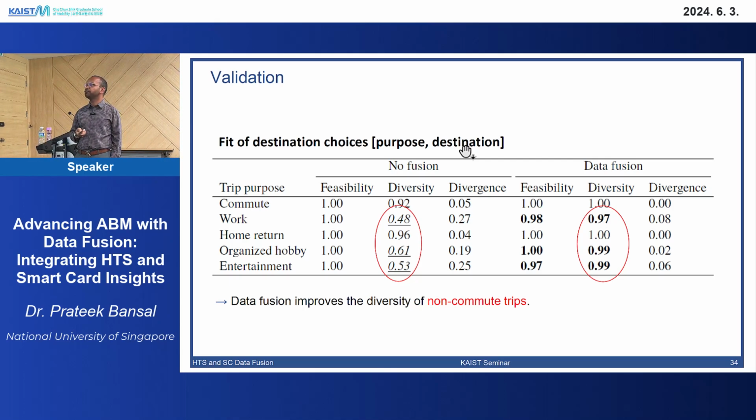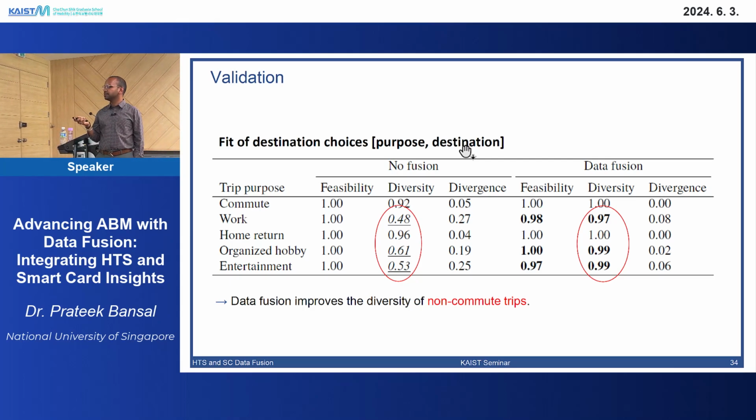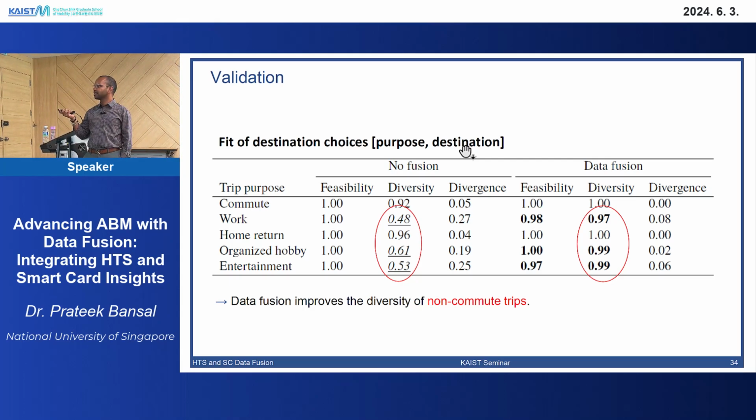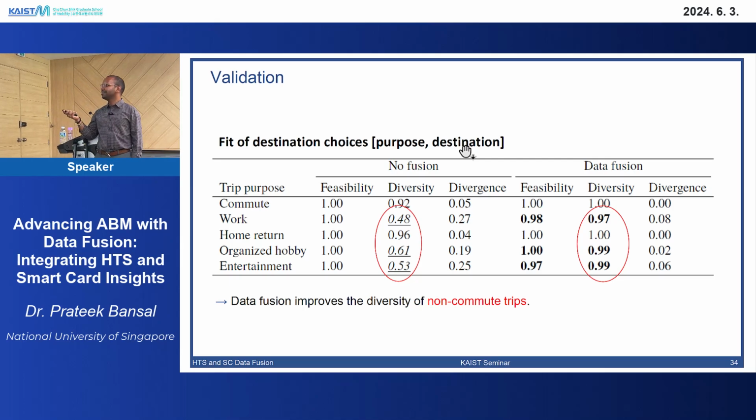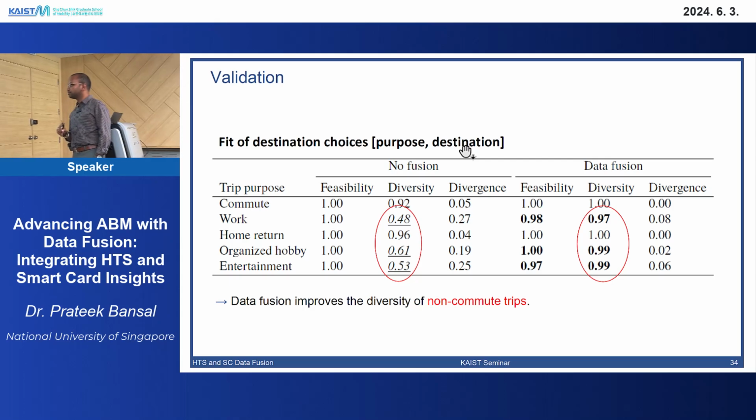it is very good for commute and home returns using the survey data, because it captures all of the home return and other trips. But when you look at work trips, organized hobby, and entertainment trip purposes, the diversity is pretty bad. What data fusion does is populate those other trip purposes as well, but at the expense of some loss in feasibility.